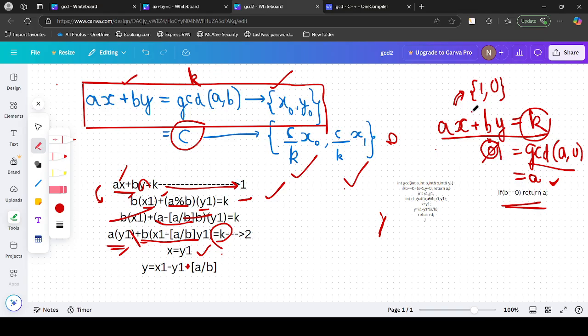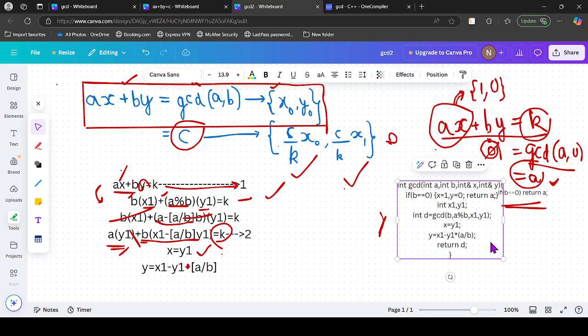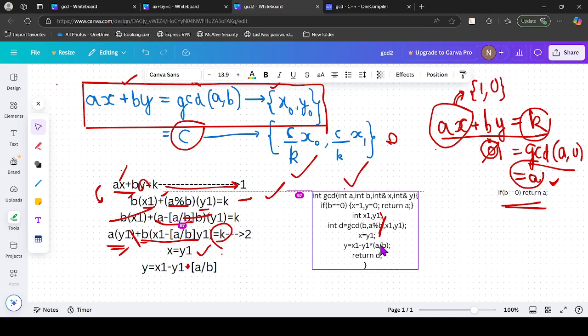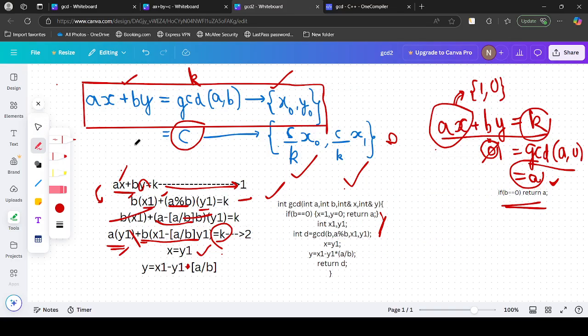So we just want the solution for ax is equal to a. So what is the solution for it? It is just x is equal to 1 and y can be any, because we found that b is equal to 0 in the base case. So regardless of y, x should be 1 and y can be any. So the base case here is if b is equal to 0, x is equal to 1, y is equal to 0, return a, because the GCD is a, and we are assuming x1, y1 and getting the GCD by using recursion.